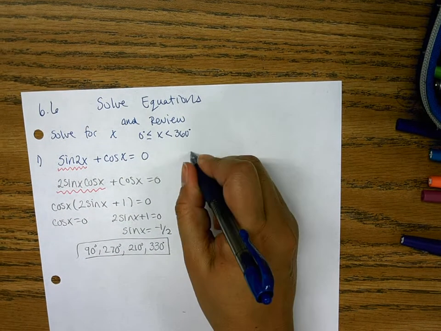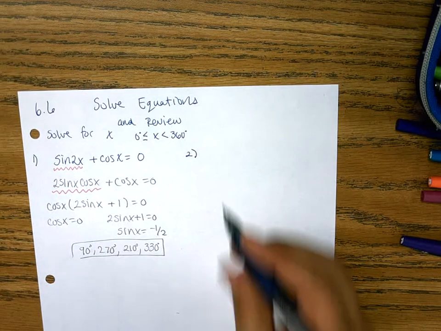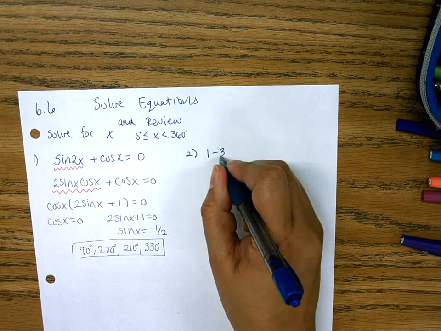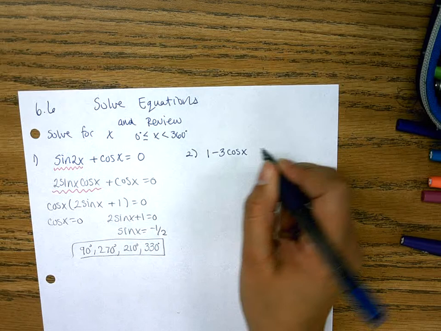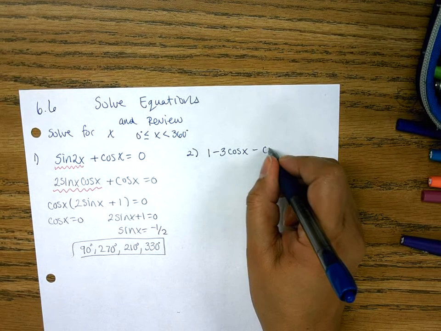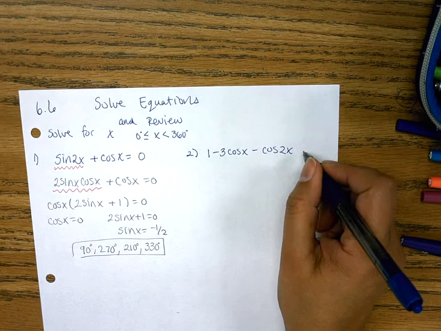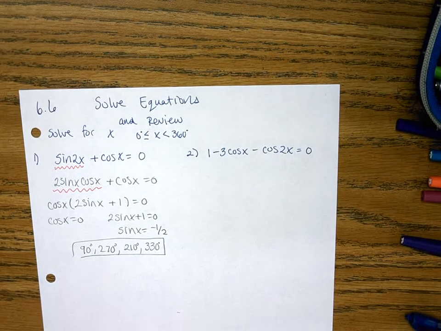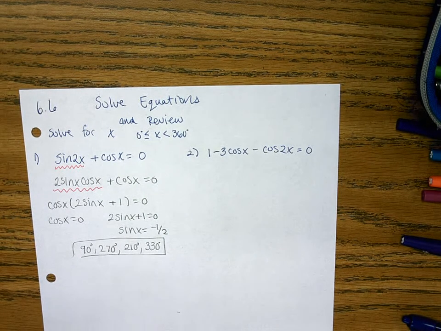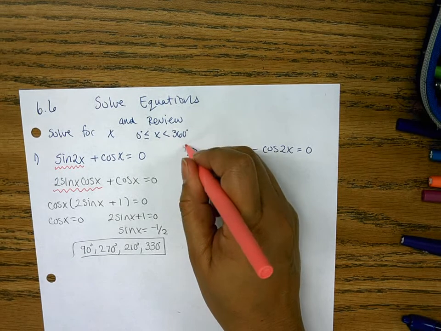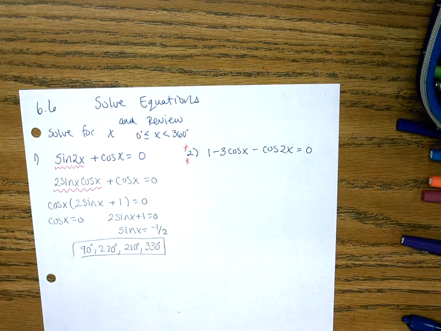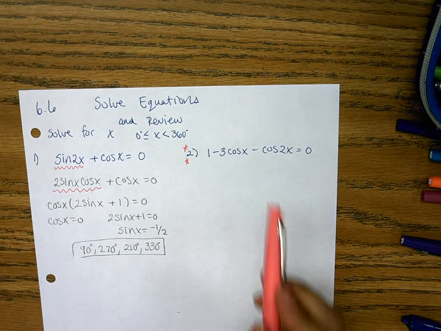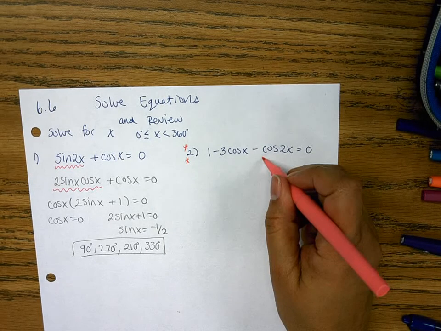All right, number 2. 1 minus 3 cosine x minus cosine 2x equals 0. Now this particular type of problem is on the test, and it's one that kids struggle with because cosine 2x has multiple possibilities.